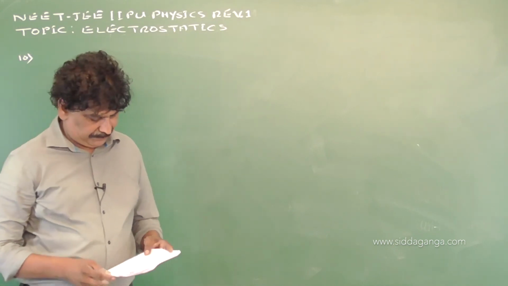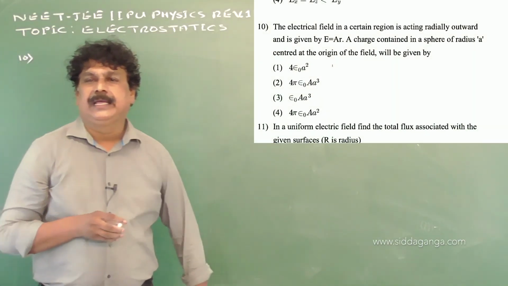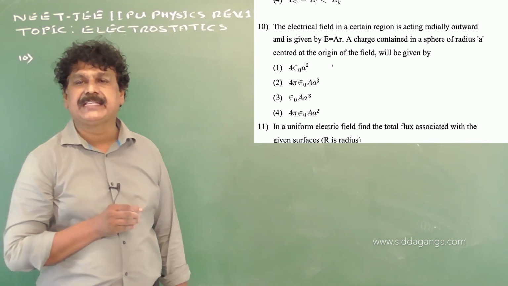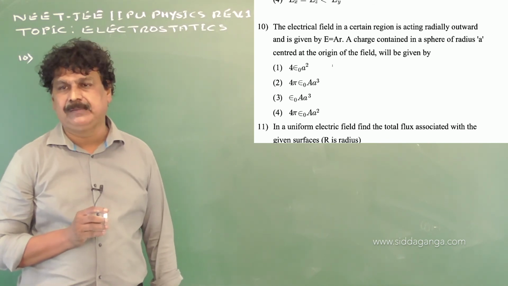Now question number 10. The electric field in a region acting radially outward is given by E is equal to A R, where A is a constant and R is a variable.